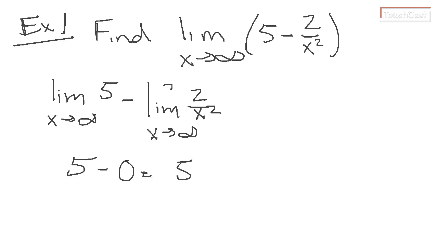So the limit of 5 minus 2 over x squared as x goes to infinity is going to be 5. So what that means is if we were trying to find a horizontal asymptote, we can say that asymptote would be y equals 5.